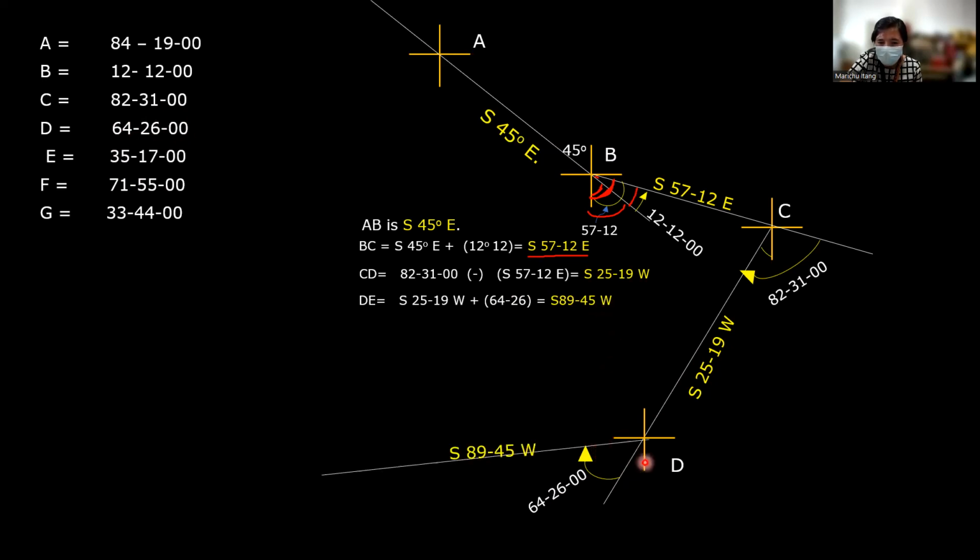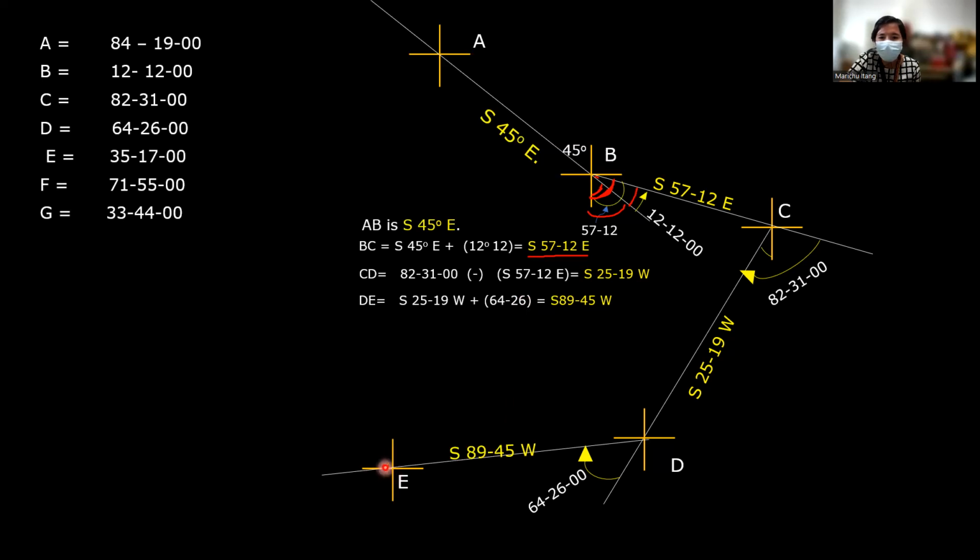So that is now, here is 25 and this is 64. And the total of this one, that is now the bearing of our line from D to our next point, which is E, right? So from here, 25 plus 64, that is equivalent to 89 degrees and 45 minutes. So this is the solution.